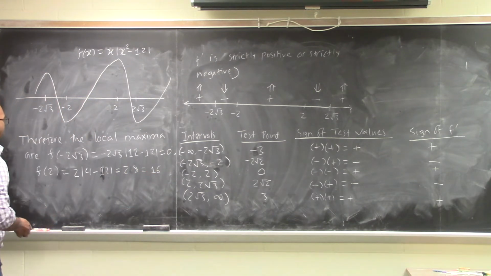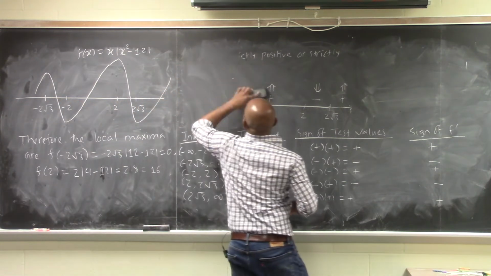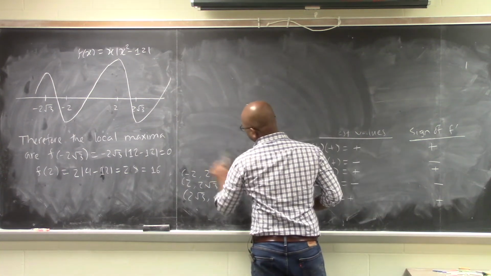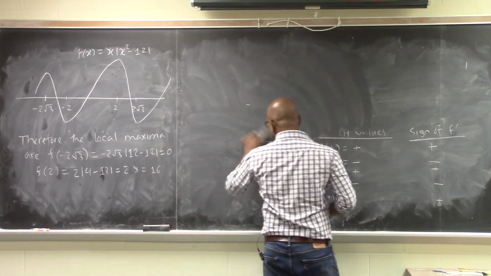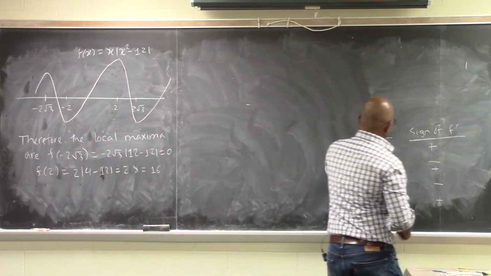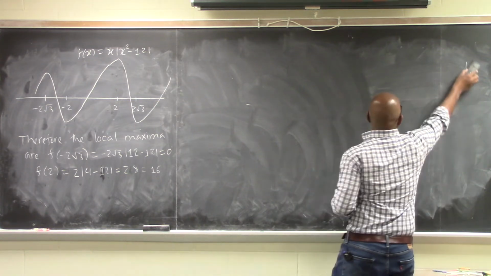Okay. And the local minima are this. Yeah, this is a nice problem. It captures all the things. 2 types of local extrema and also 2 types of critical numbers.